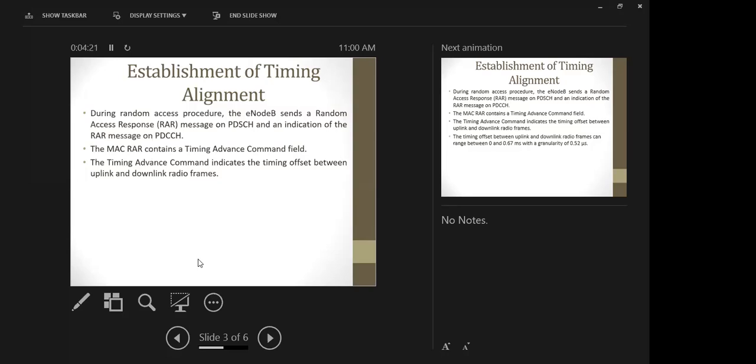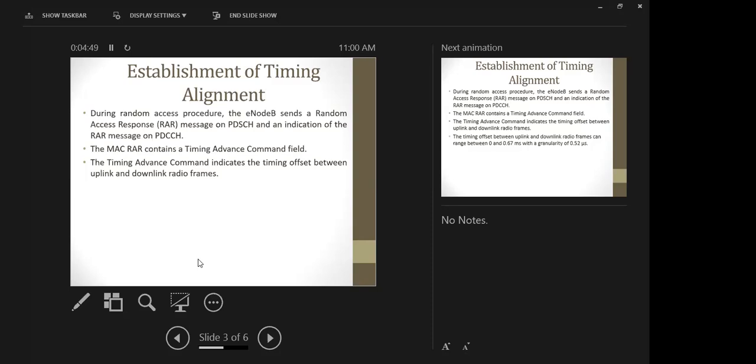Initially, the eNodeB doesn't know who has sent the bits. But if the eNodeB is ready to hear from you, then it will send a response message and tell you to go ahead and give it more information.